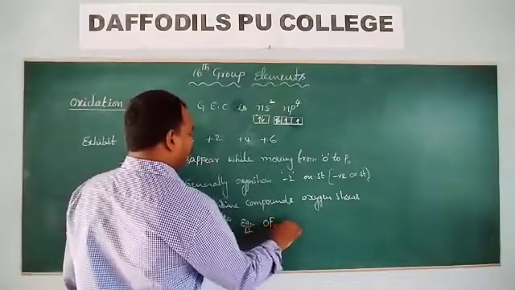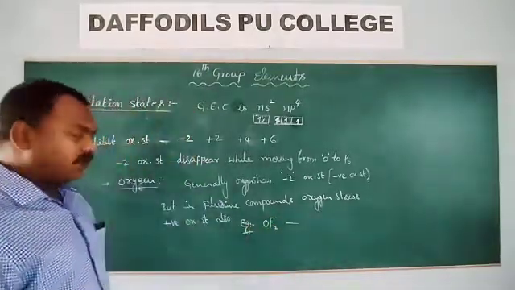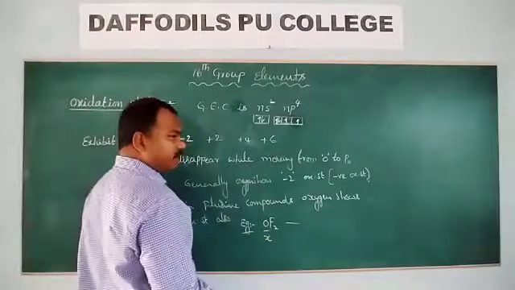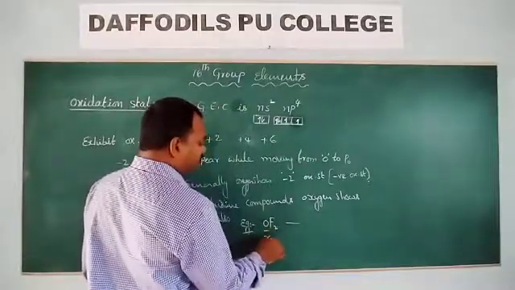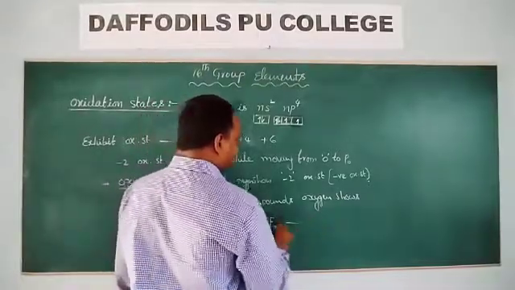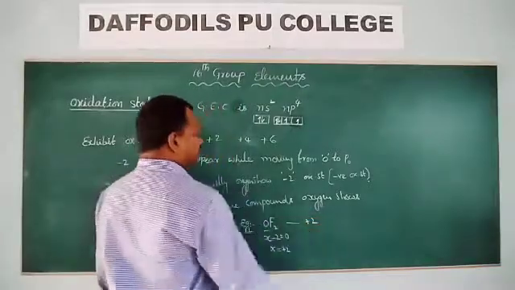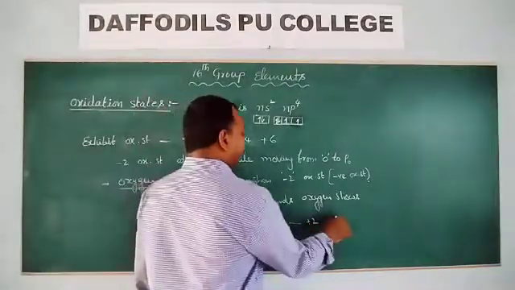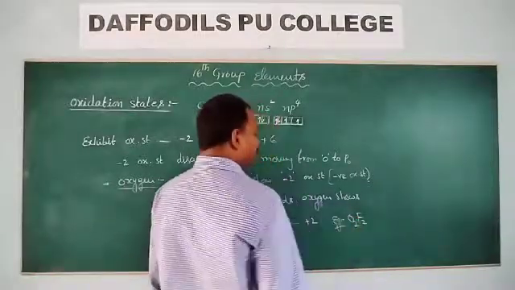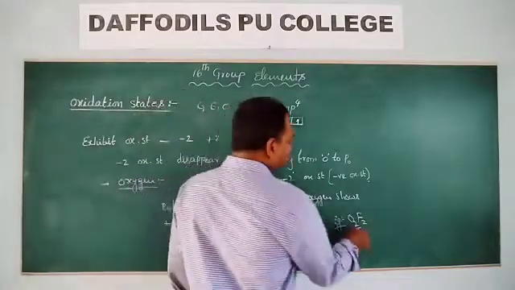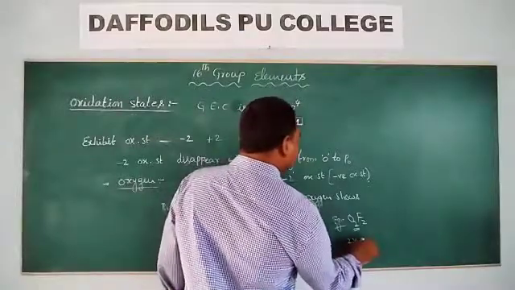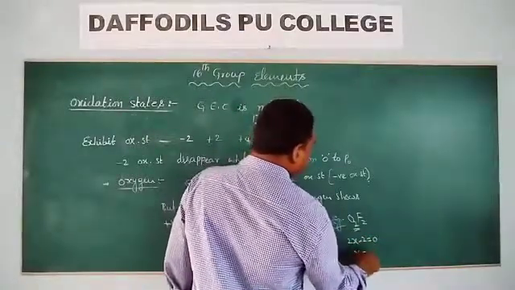For example, take OF2. What is the oxidation state of oxygen in OF2? This is x. Each fluorine has oxidation state -1. Two fluorines are there, so x - 2 = 0, and x is equal to +2. Now take another example, O2F2. Find the oxidation state of oxygen: 2x - 2 = 0, so x is equal to +1.